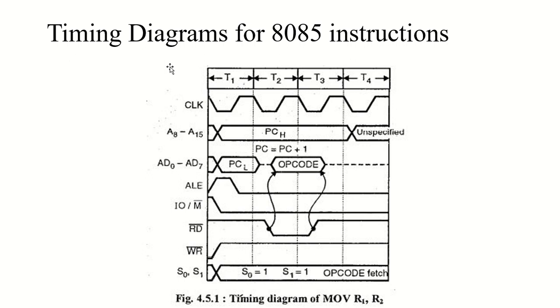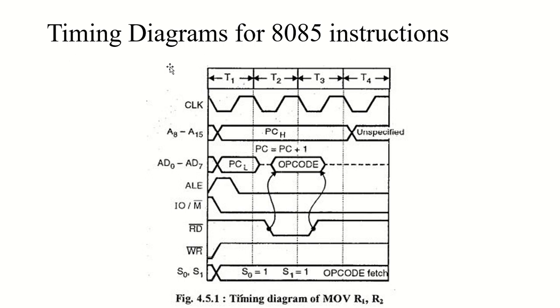Now, it is important to understand the difference between the machine cycle and the timing diagram. A machine cycle exists for one particular thing that you want to execute, like fetching the opcode, or copying content from register to memory, or memory to register, or input device to memory.